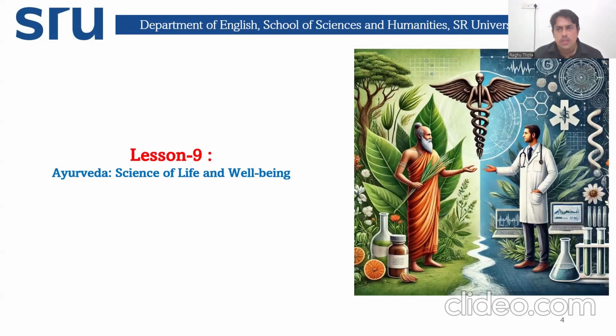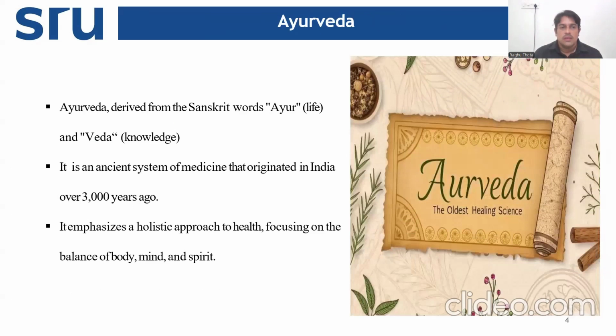Let's have a brief discussion on Ayurveda, which belongs to ancient times. What is Ayurveda? Ayurveda is derived from the Sanskrit words Ayur, which means life, and Veda, which means knowledge. So Ayurveda is nothing but the knowledge about life, how to lead a healthy and peaceful life.